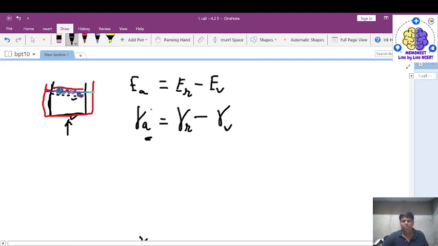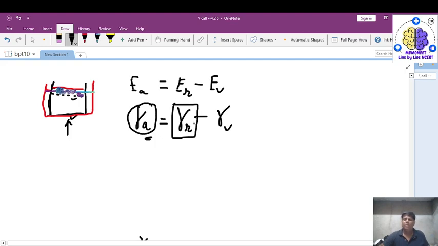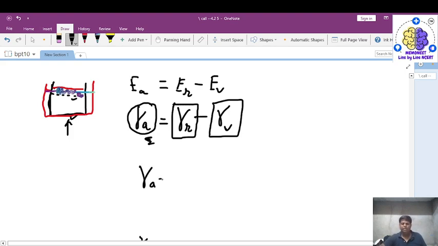So the apparent coefficient of expansion of the liquid is equal to the real coefficient of expansion of the liquid minus the real coefficient of expansion of the vessel. This will give you the apparent coefficient of expansion of the liquid, right? So gamma apparent is equal to gamma real minus gamma of the vessel.